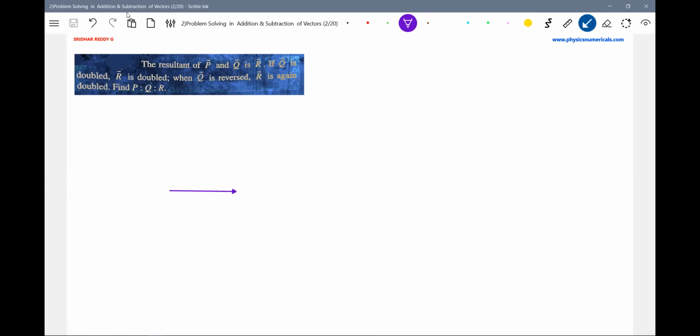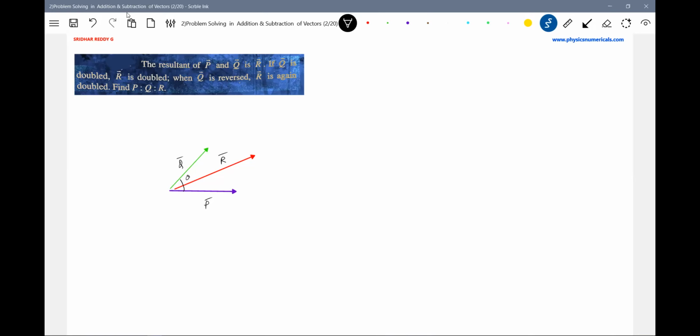Next we have Q bar. The resultant of these two is R bar. The angle between these two vectors is theta.